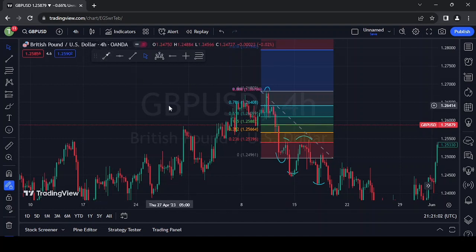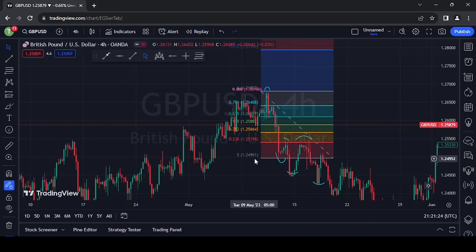If for example you're on MT4, then the default setting on MT4 is this. So even on your MT4 you can see all this markup: the 78.6, the 61.8, the 50%, the 38.2%, the 23.6%.